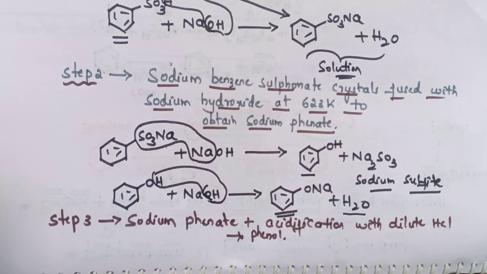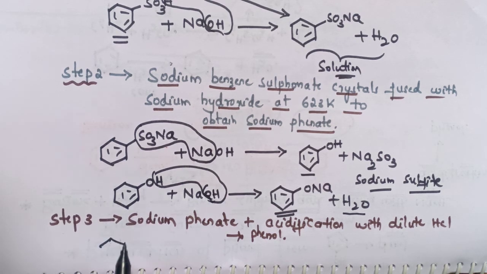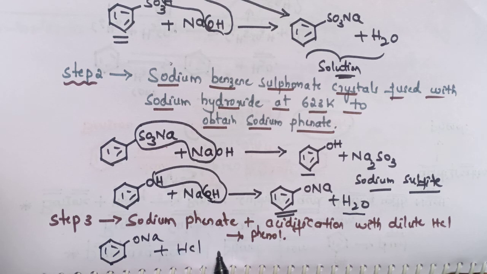Coming to the last and final step of the formation of phenol from benzene sulfonic acid. Here the sodium phenate formed in step 2 is acidified with dilute HCl, which will give us phenol. Let's take this sodium phenate. Here is ONa. When it is acidified with dilute HCl, we will get phenol by the removal of NaCl.